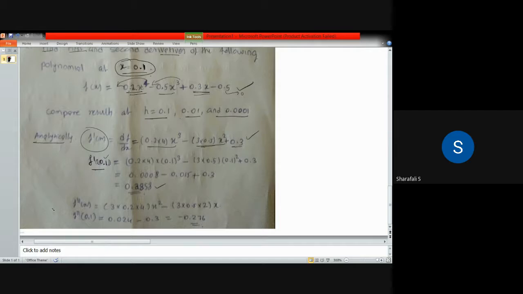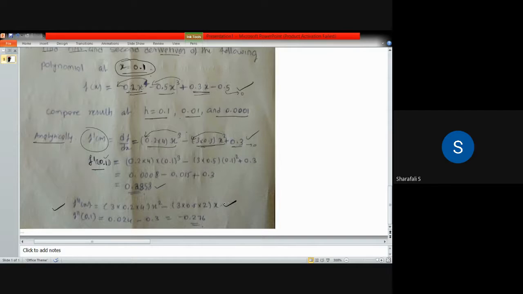And similarly, if you calculate f double dash of x, you will get this equation. You multiply the 3 with the constant 0.2 into 4, so 0.2 times 4 times 3 times x square will come, and then 2 times 3 times 0.5 into x; this last term will become 0 when you differentiate.